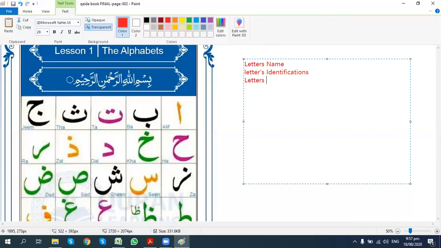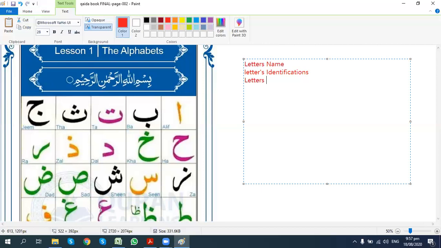The Seen has three edges on the top, and the Sheen also has three dots, three edges. So this is the identification. The Dal looks like more of a curve. The Ain looks like an inverse of digit 3. Or you can give any type of example which you think is the easiest way to teach.